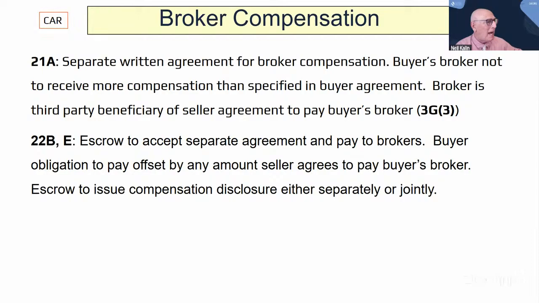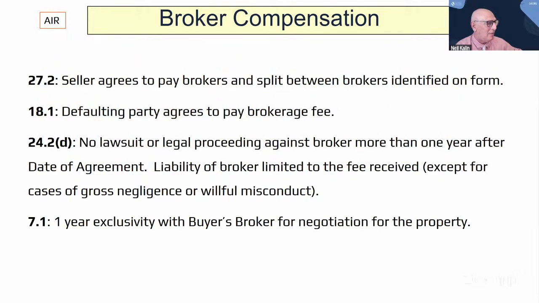If you go back a slide to the AIR form, I want to mention that CAR does not have clauses, which I think are great for the brokerage industry, Bryan, that you have there in 24.2 and 7.1. CAR is a statewide forms provider and has always been a statewide forms provider and is the dominant forms provider in the industry.